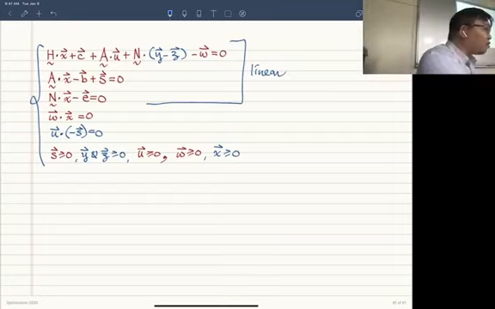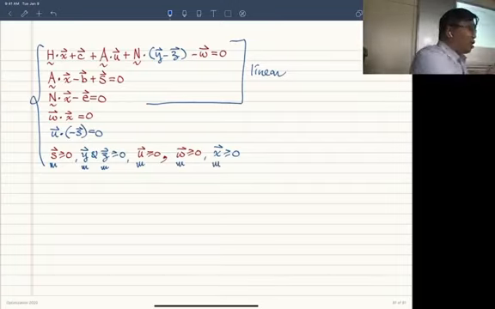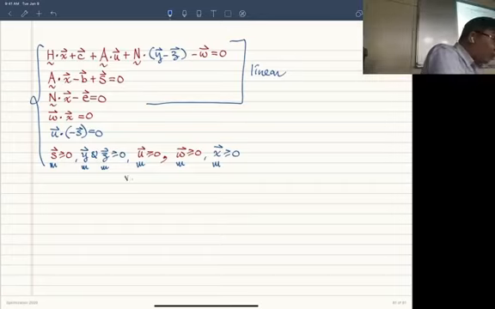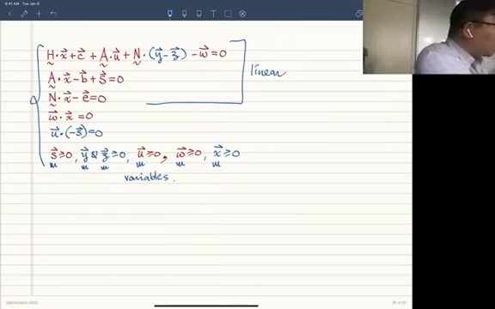So what are our variables right now? These are our variables. S, Y, Z, U, W, and X. Okay? And the first three equations are linear equations of those variables.